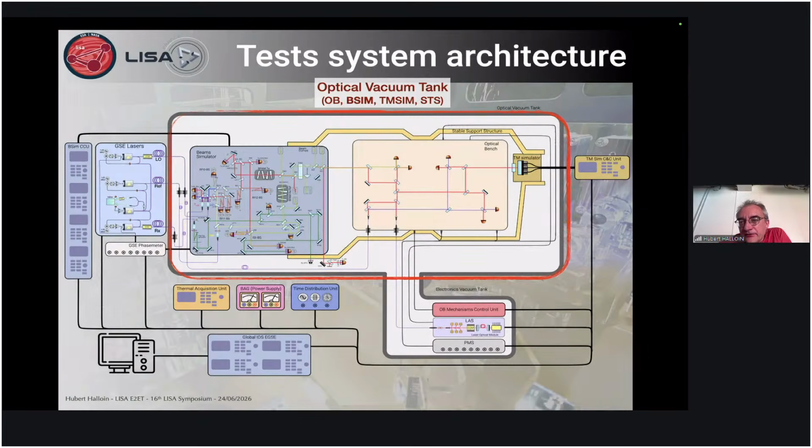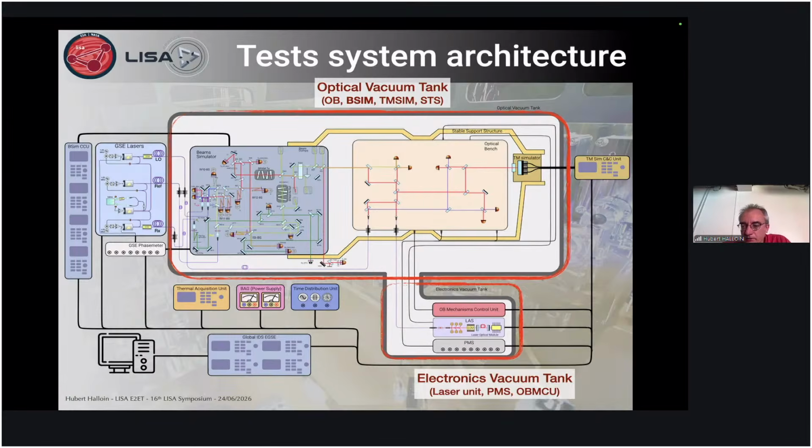Then, in order to separate and to avoid perturbations from the electronics, we need a separate vacuum tank in which we will have the laser source itself, the phase meter, and the control units required to operate the optical bench and send the laser light.